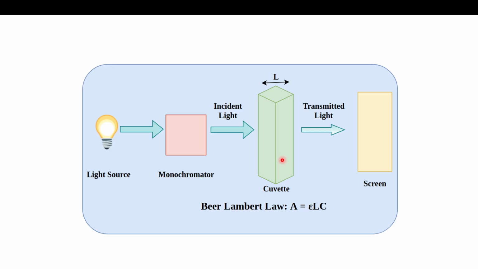Based on the concentration of the solution inside the cuvette, which is a transparent medium, the light can be transmitted. The transmitted light is detected, and eventually we get an absorbance value. Absorbance is directly proportional to the thickness of the medium and the concentration of the medium. The proportionality constant is epsilon, the absorption coefficient.